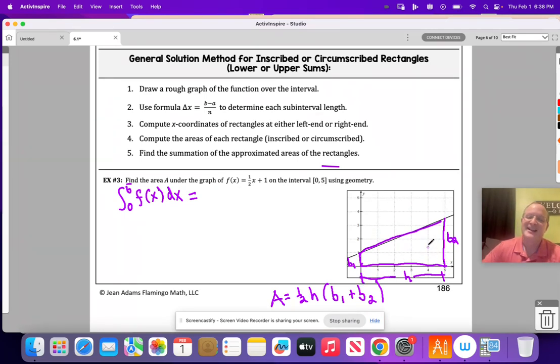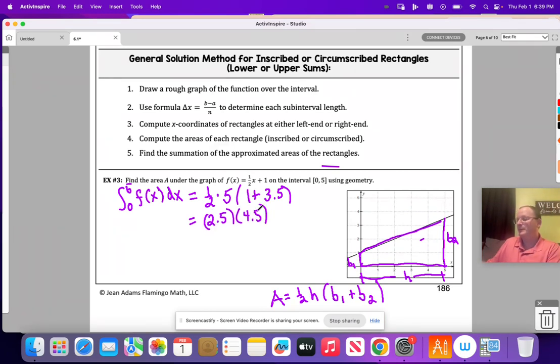We know these amounts. So it's 1/2, the height is 5, base 1 is 1, and base 2, they just went up by halves, so base 2 is actually 3.5. So half of 5 is 2.5, and I get 2.5 times 4.5.